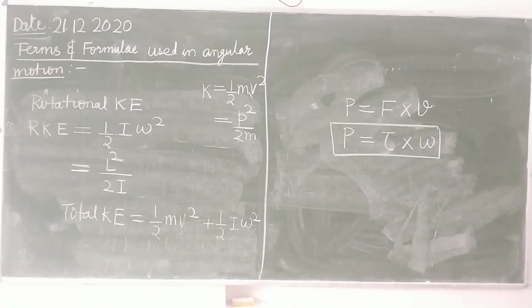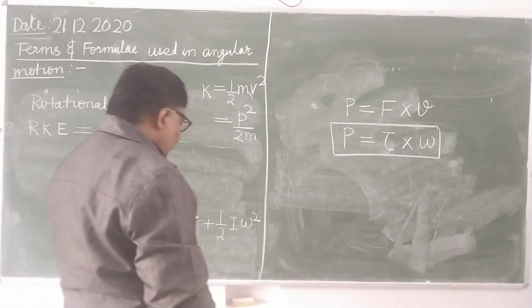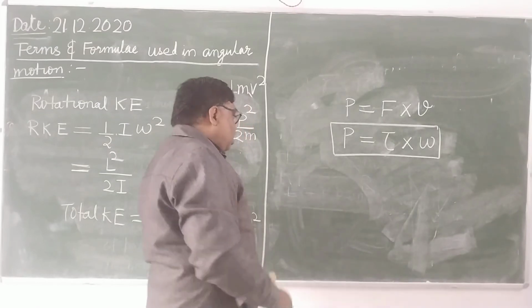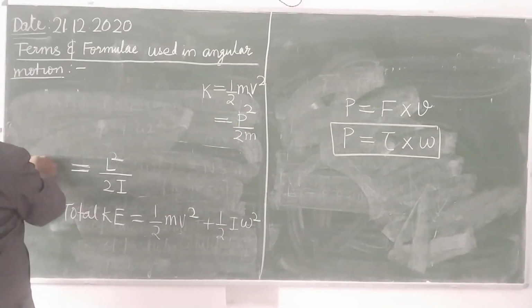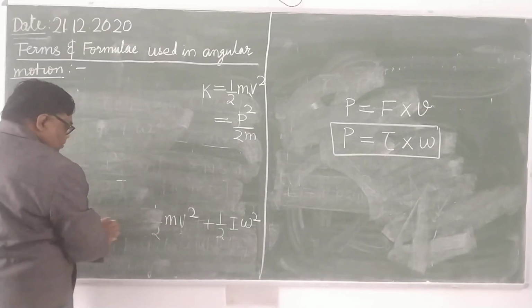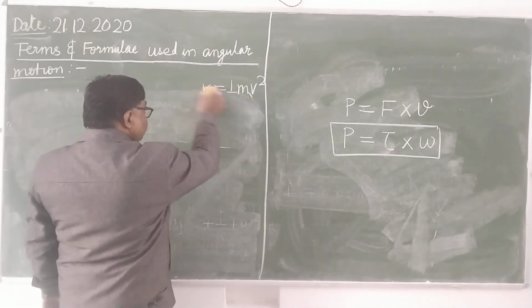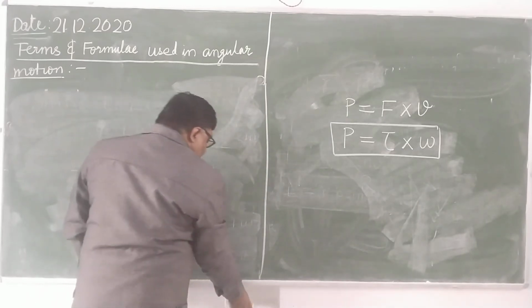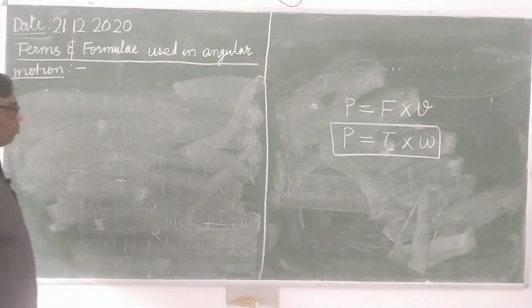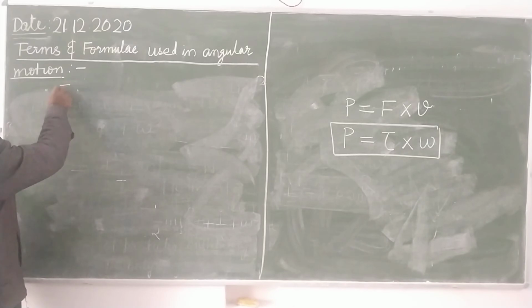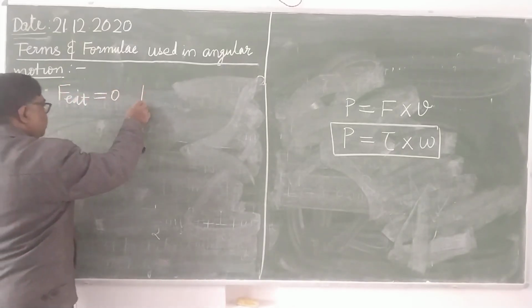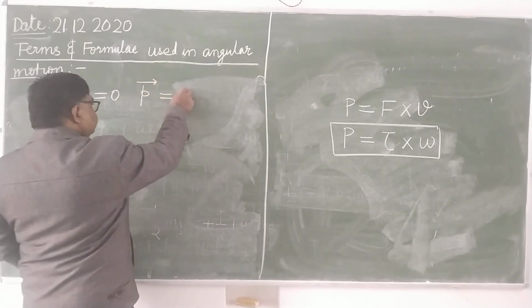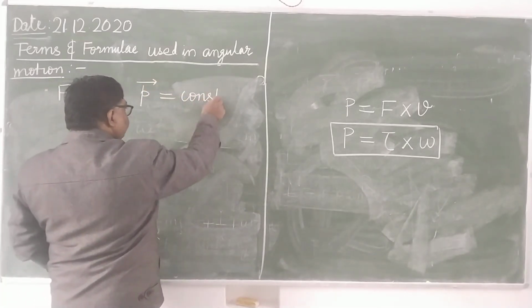It is clear? Now there is one law of conservation of angular momentum. Law of conservation of angular momentum. As you know, the law of conservation of linear momentum: if external force is not acting, then this remains constant, this remains conserved. It's clear.